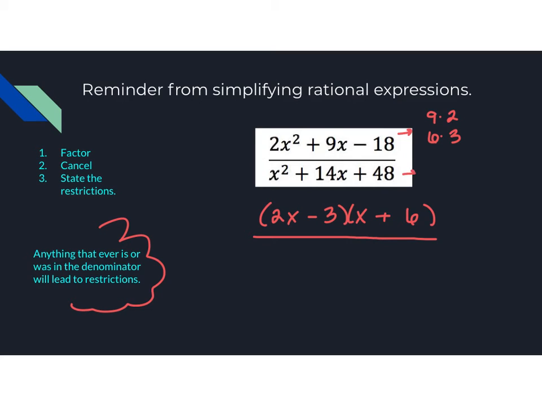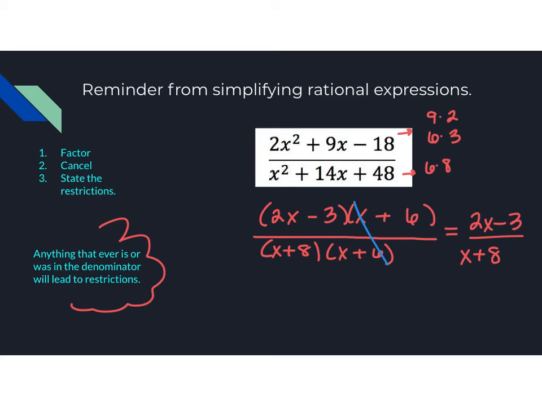In the denominator to factor, multiply to 48 is 6 times 8. So I have x plus 8 and x plus 6 adds to 14. Again, what I notice is that these two factors are both x plus 6, so they cancel out, and we would have 2x minus 3 over x plus 8.